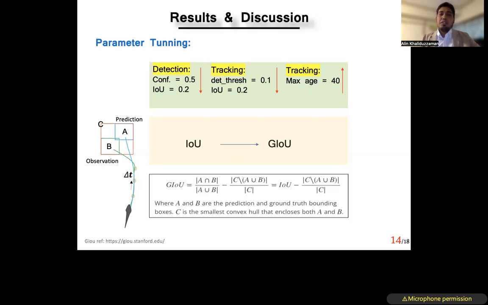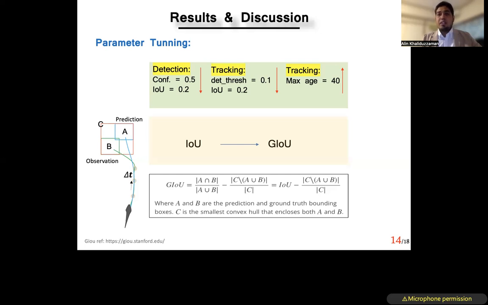I need to reduce these values because, as I said, the trajectory of the fish is sometimes poorly predictable. So reducing the values increases the possibility of accurate detection and tracking as well.